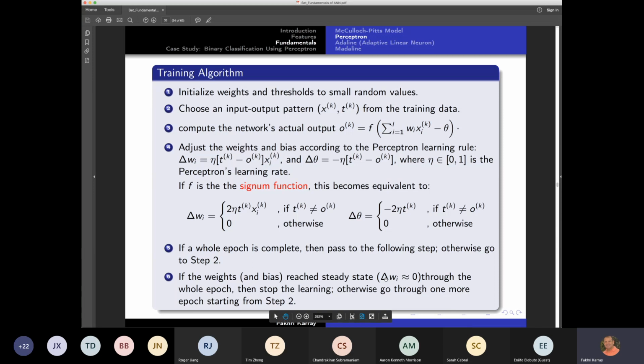So the system ends when delta omega i is equal to 0 through the whole epoch. Basically, after training on all this data, we say that the system has learned its line, hyperplane, or plane if we are going into a multi-dimensional space, especially when xi is not a scalar. So this is basically what we have in the training of the algorithm.